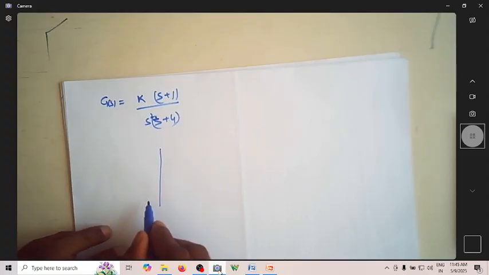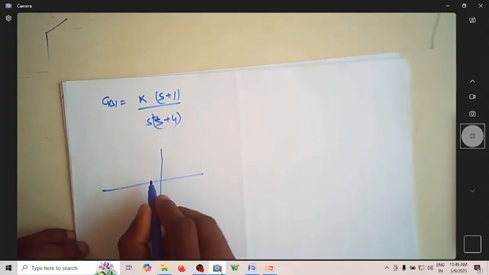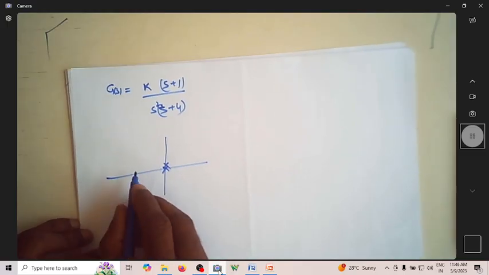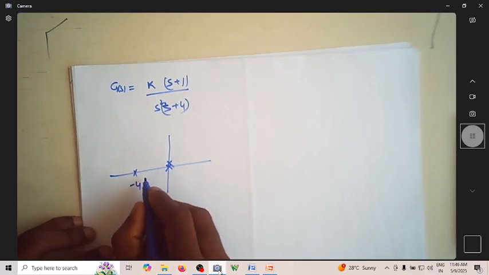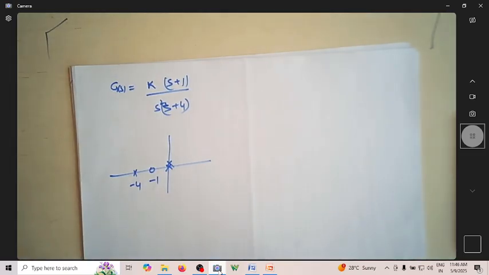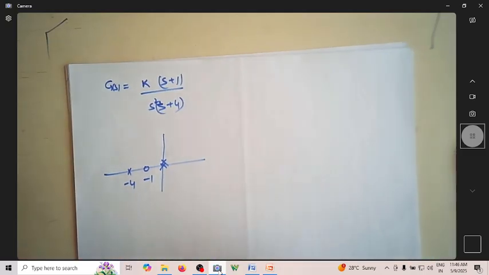If you write the poles like this, you have repeated poles at the origin, one more pole at minus 4, and the zero is at minus 1.